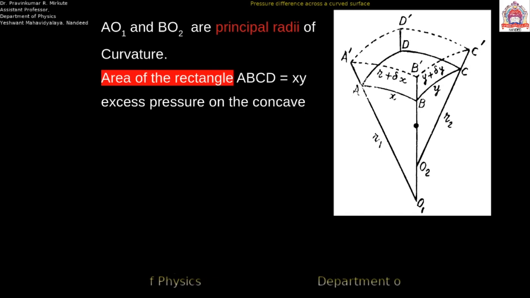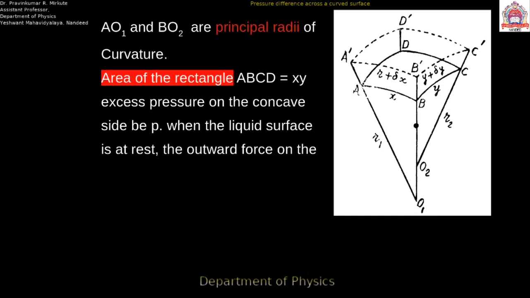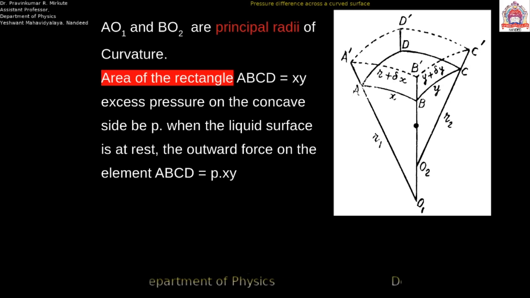Let the excess pressure on the concave side be P when the liquid surface is at rest. The outward force on the element ABCD is equal to P times xy.